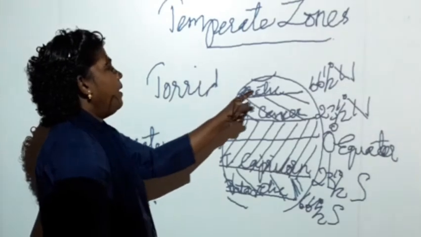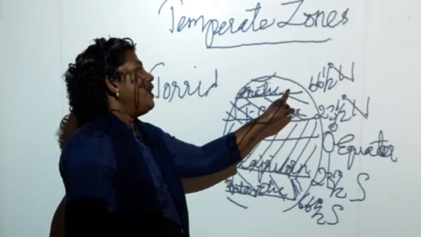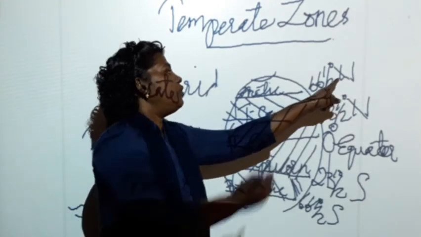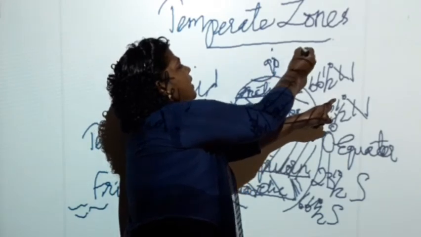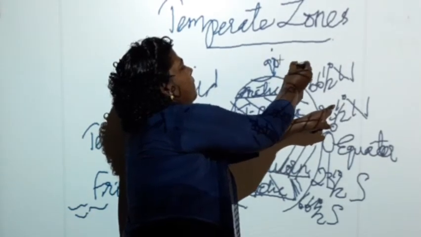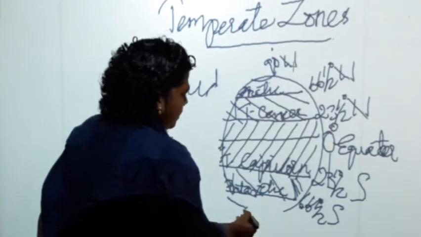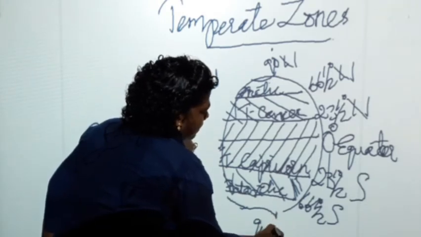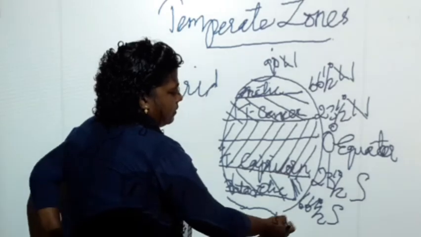Frigid zone in the northern hemisphere is above the Arctic Circle, from 66.5 degrees north till the North Pole, 90 degrees north. And in the south, 90 degrees south, Antarctic Circle, after the Antarctic Circle.